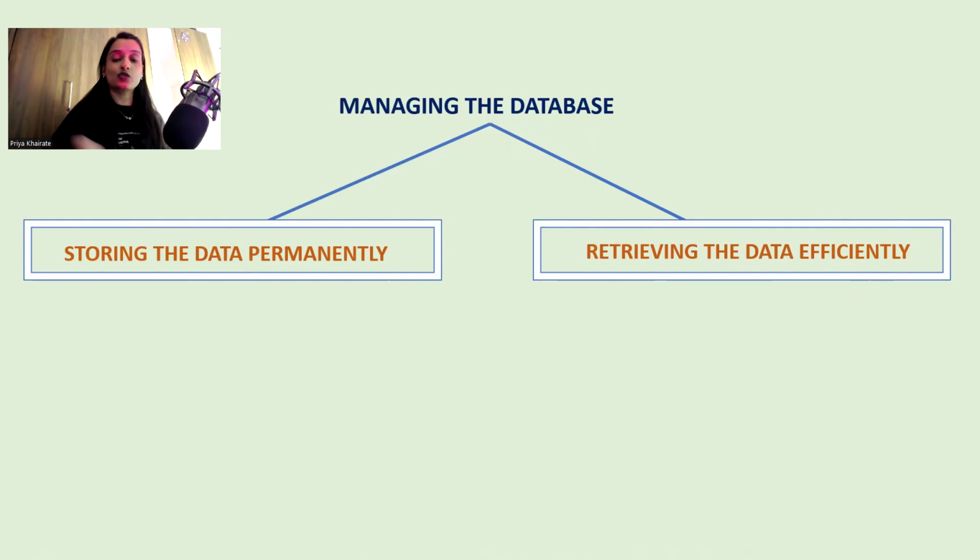First create the structure. Inside the structure, keep inserting the records. Let's say you have inserted 100 rows, 1000 rows, or lakhs of records, it doesn't matter. When you are inserting the records, that is what we call storing the data permanently in an organized way in rows and columns format.